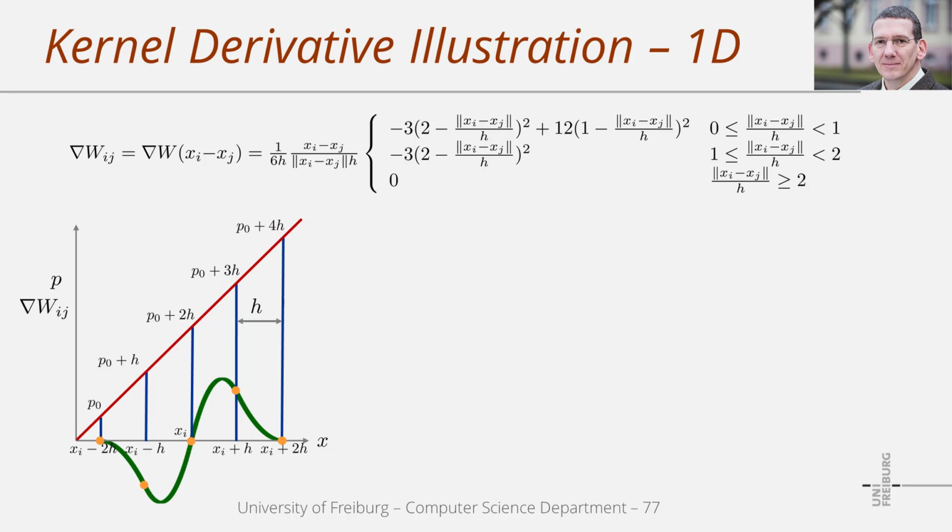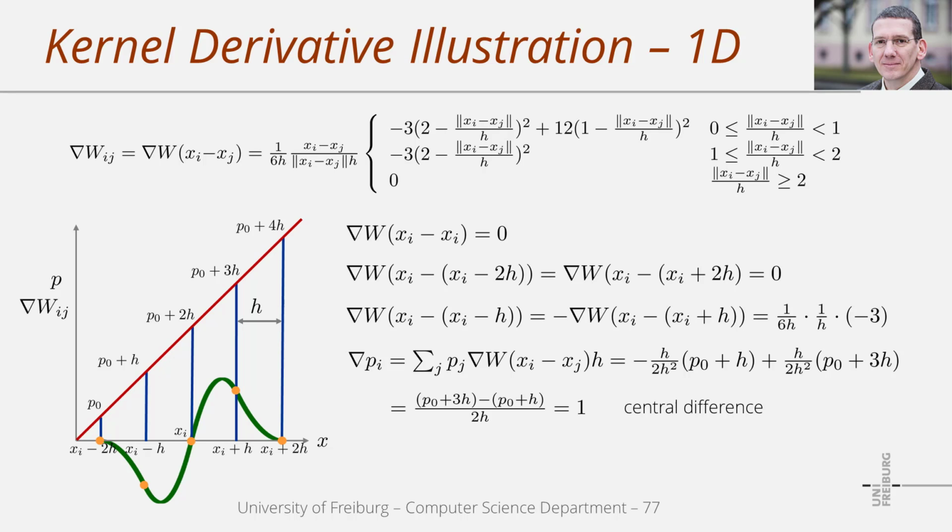Now we would like to approximate the first derivative of the pressure function with SPH at position xi. And therefore we consider the original form of the SPH derivative, where we compute the sum of the pressure values multiplied with the reversed kernel gradient over all neighbors.